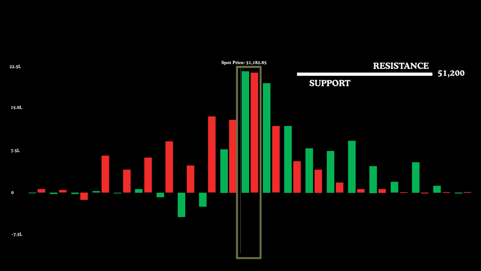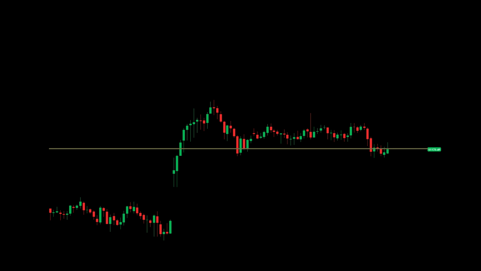If price slips, then this marking behaves as support. If price rises above 51,200, then we won't allow it to stretch too far and will pull it downward again. Now, if you evaluate the chart, it is reacting similarly. The market rises, crosses 51,200, returns lower, and then pushes upward again.